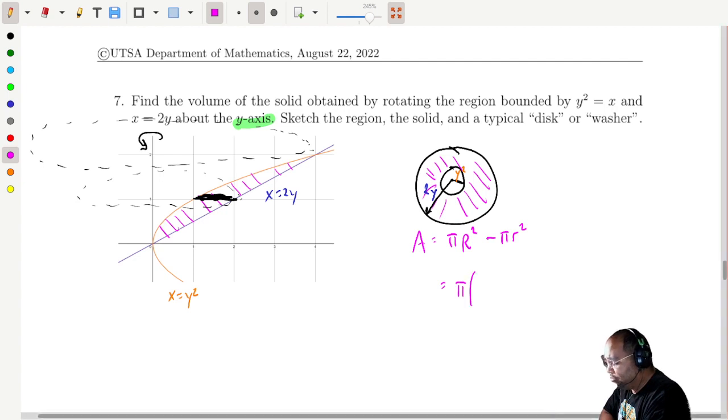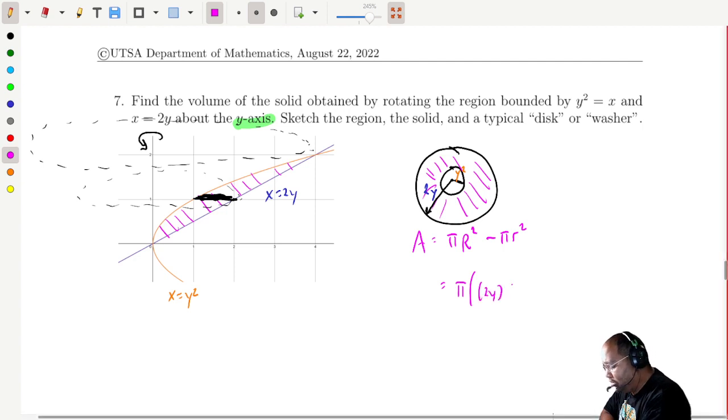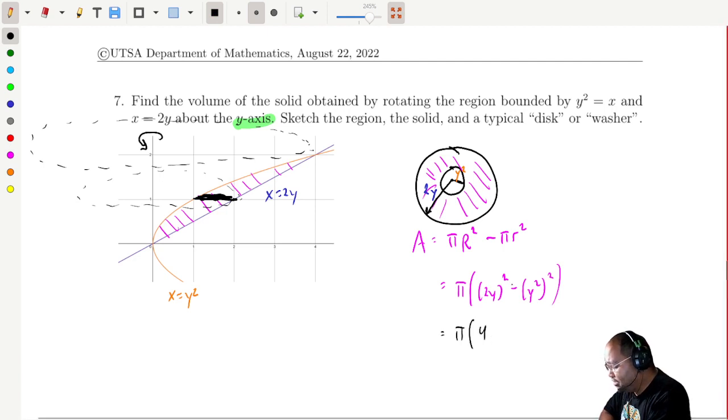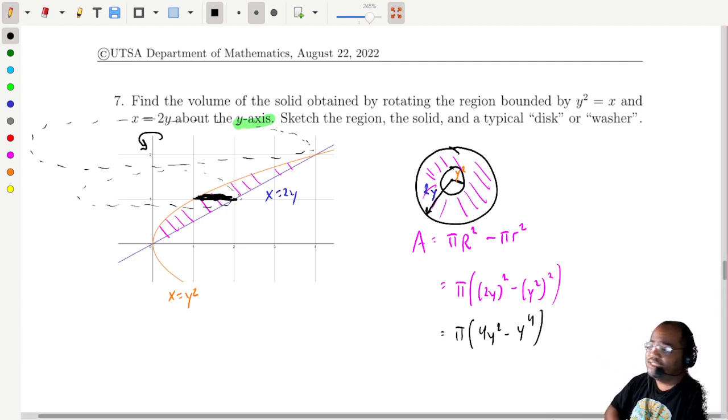We can factor a pi out. Outside squared, the biggest one, here it's the right squared, so (2y) squared, minus inside squared, (y squared) squared. Tidying up, (2y) squared is 4y squared, minus y to the fourth. That's our area function for one cross section.